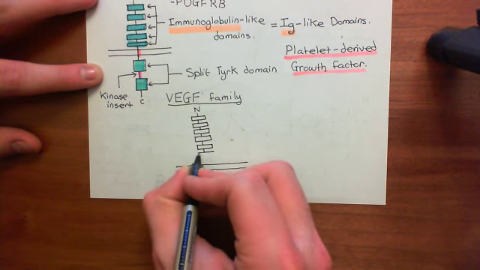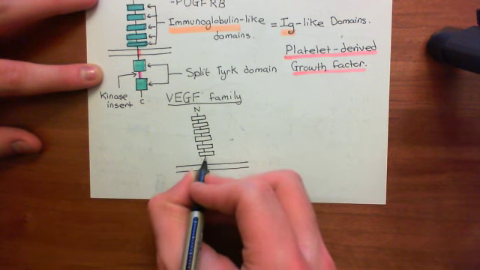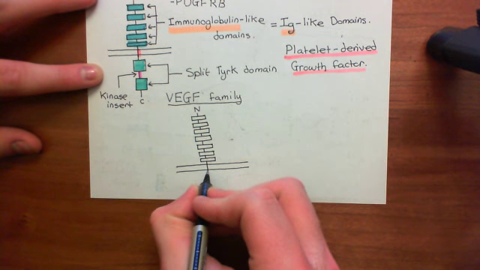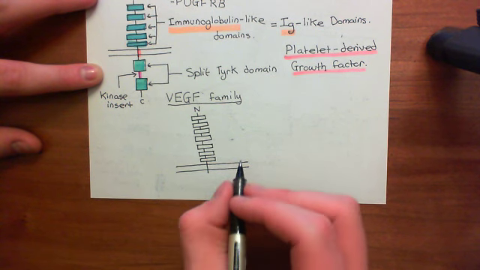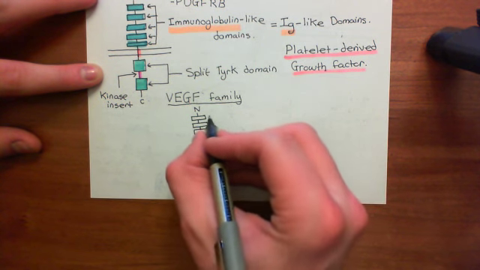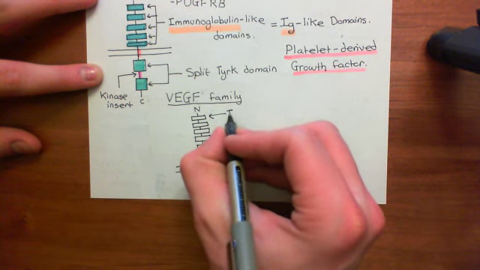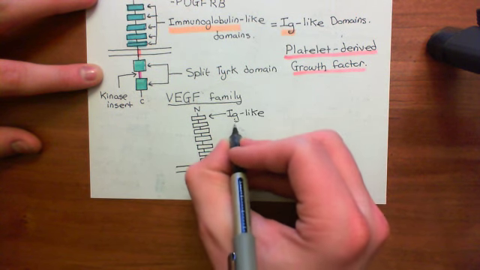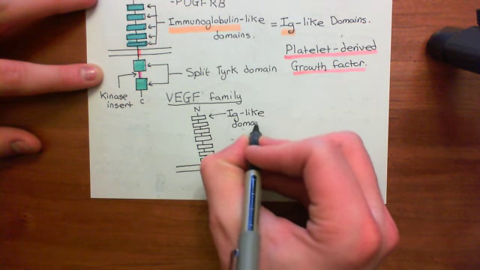Usually you have around 7 immunoglobulin-like domains in VEGF family receptor tyrosine kinases. All of these are immunoglobulin-like domains, and I'll abbreviate immunoglobulin-like domain to IG-like domain.